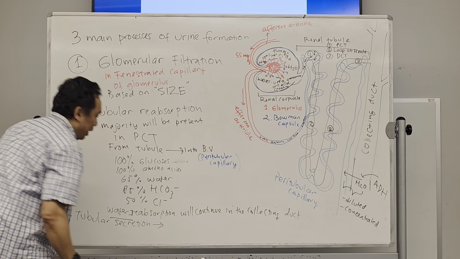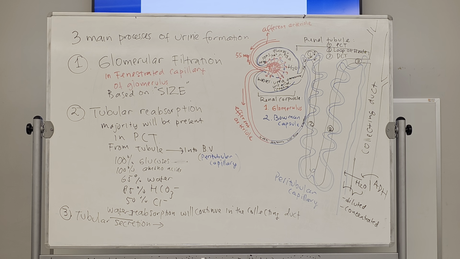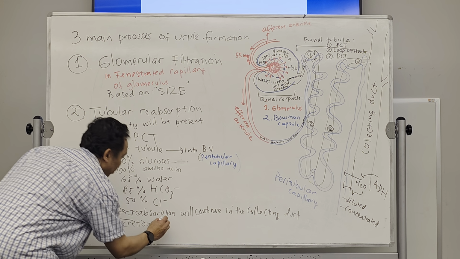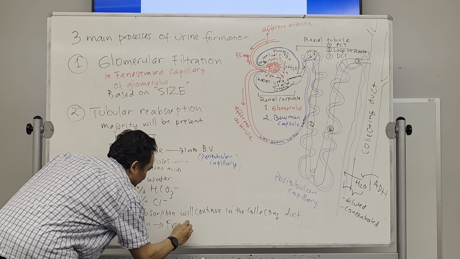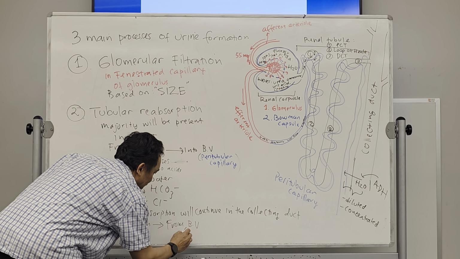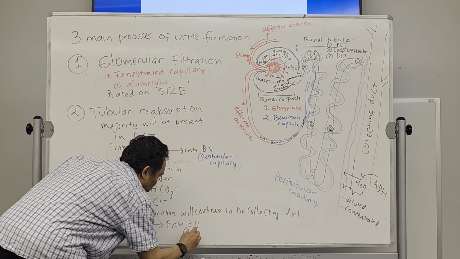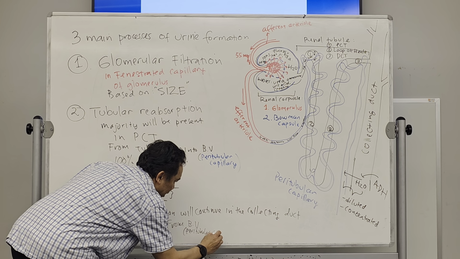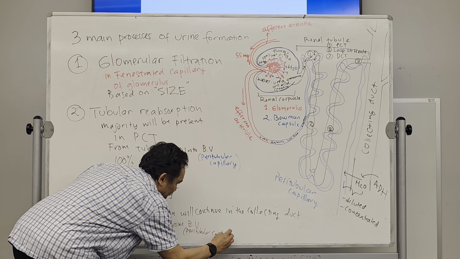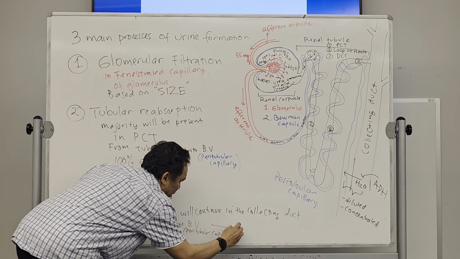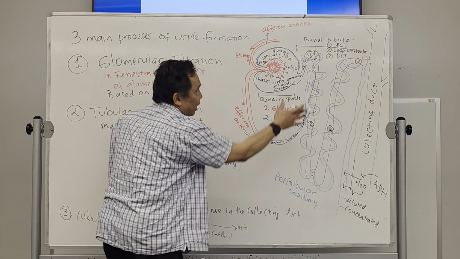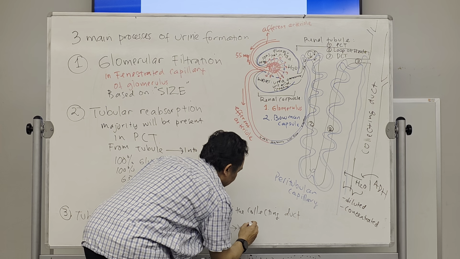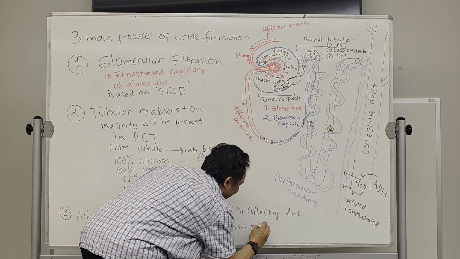Now, the movement of substances from the blood vessel, which is the peritubular capillary, into the renal tubule, into the tubule.